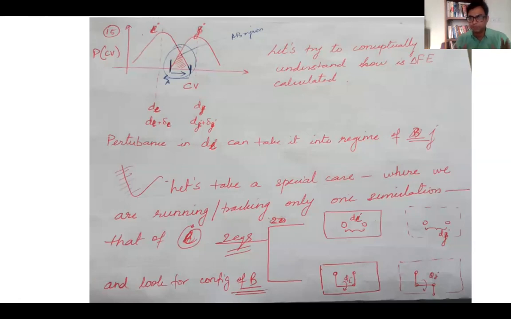You have set up your simulation box. Take any example, let's say sodium chloride or a molecule like butane, with 0 degrees as the state that you are sampling.